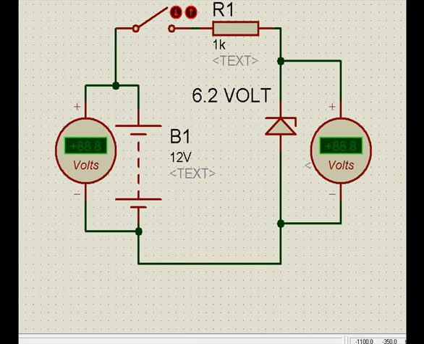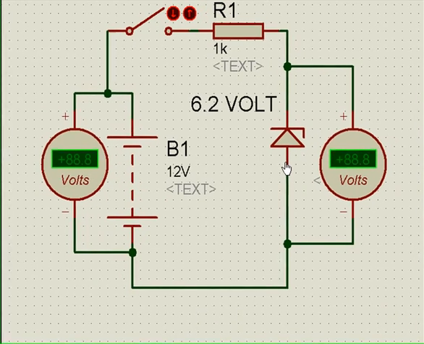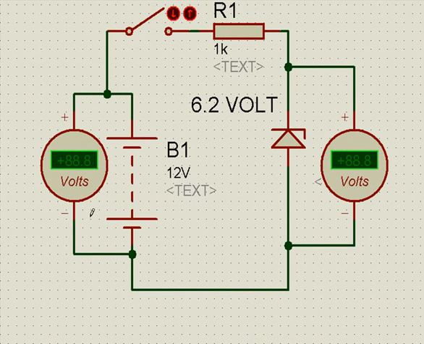Like this, where we have certain arrangements made, a Zener diode of 6.2 volt, and we have used a power supply of 12 volts.